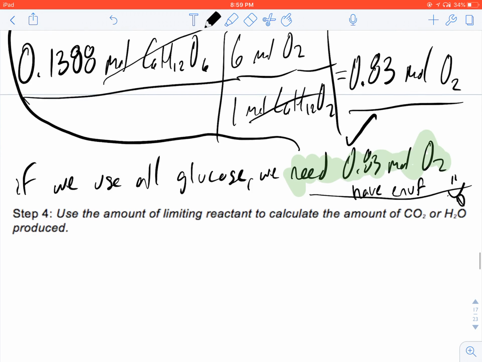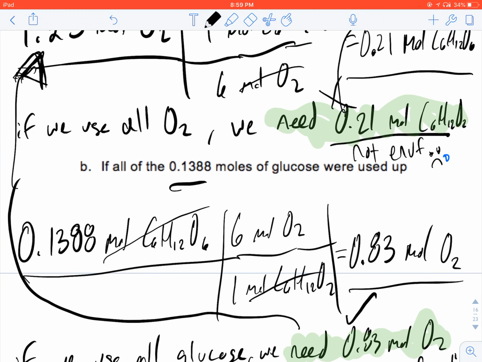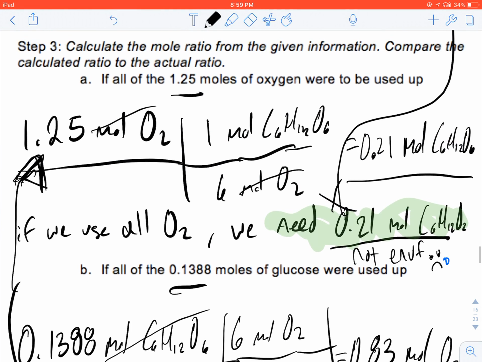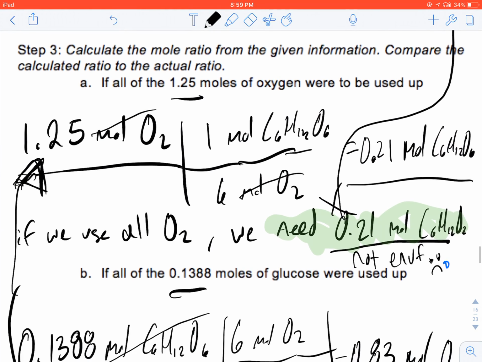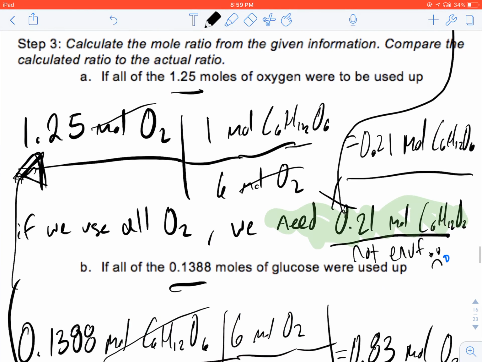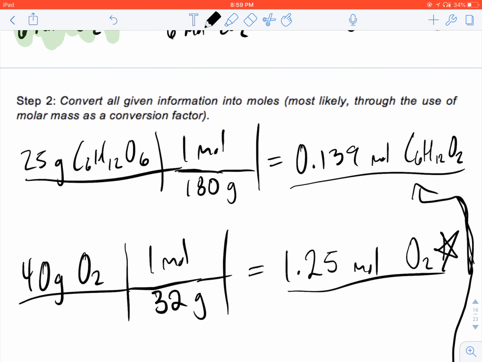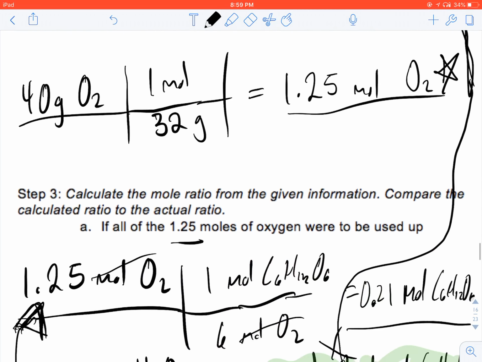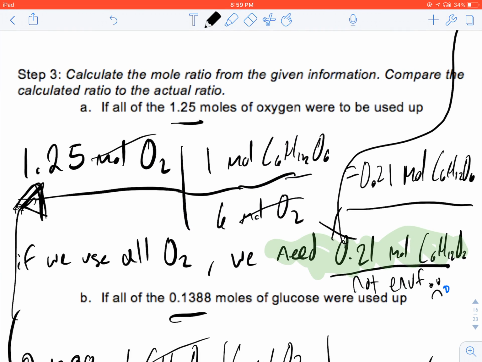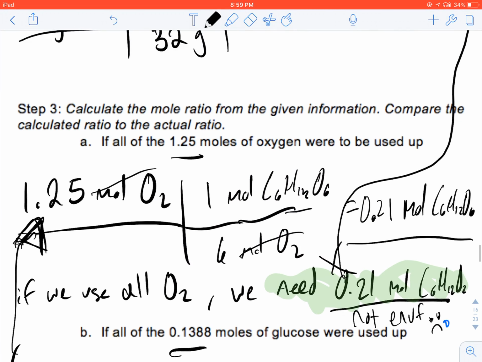So, the limiting reactant in this equation is glucose. So right here, glucose is our limiting reactant. And we determine that because we don't have enough glucose based on the amount of oxygen we have.